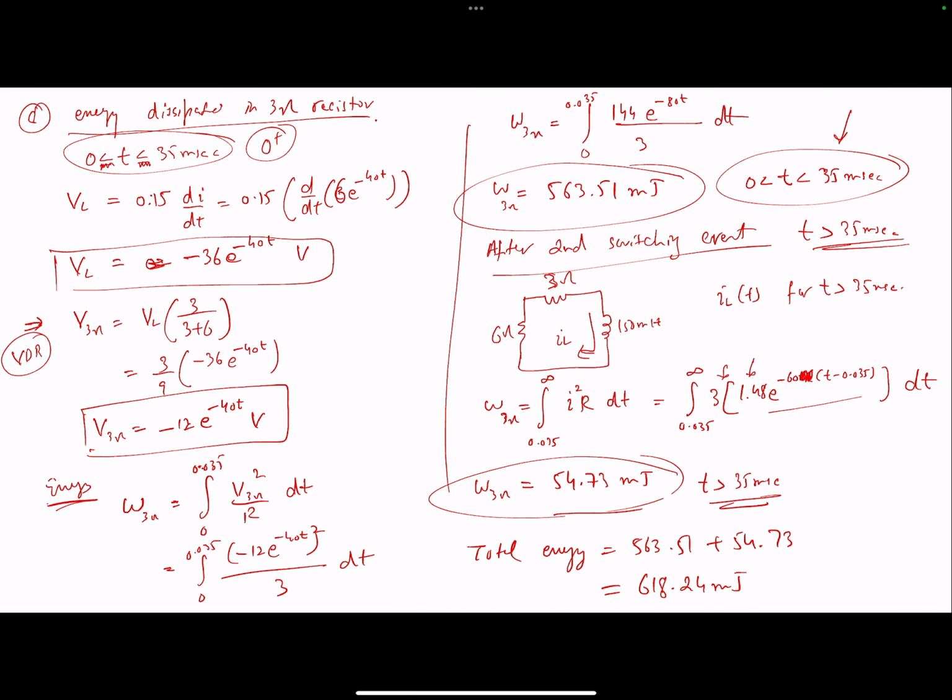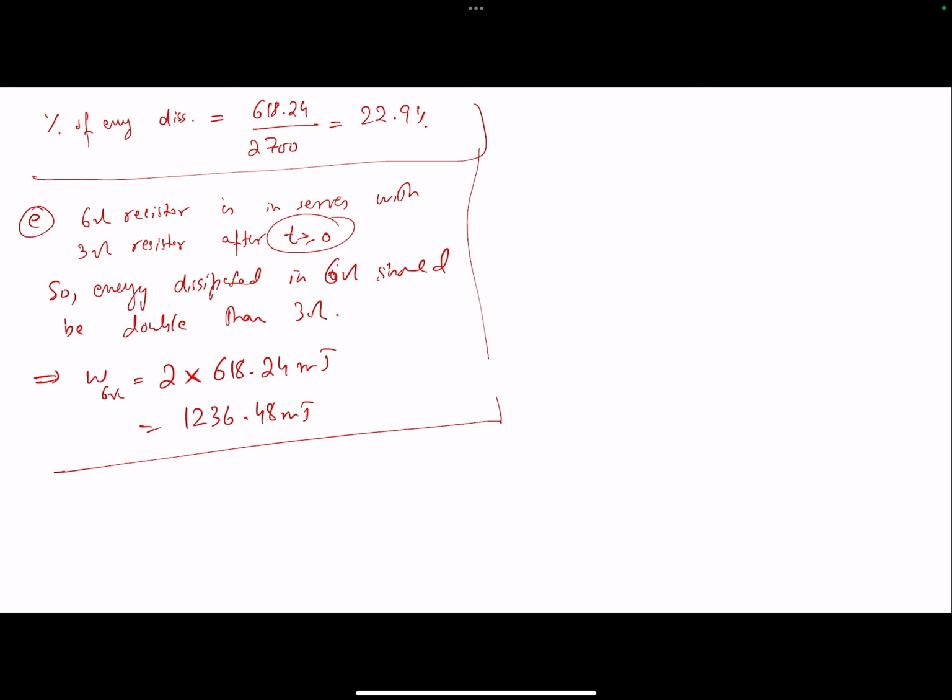So the total amount of the energy that was stored was 2700 millijoules, right? So ideally, that amount of the energy should eventually get dissipated in all the 3 resistors because there was no other presence of an excitation source to provide energy to an inductor. So in order to make sense that our calculations are correct, we can just sum up all the dissipations. Dissipations across 18 ohms, dissipation across 3 ohms, dissipation across 6 ohms should be equal to the total inductor energy, right?